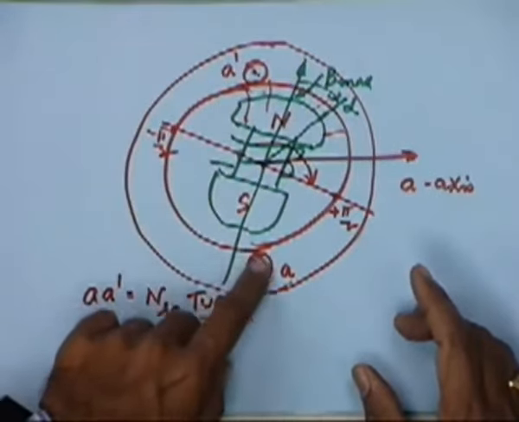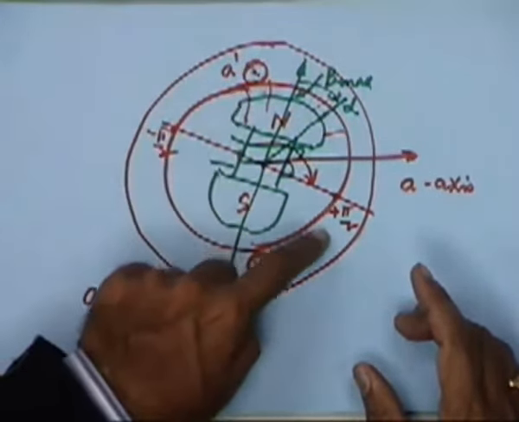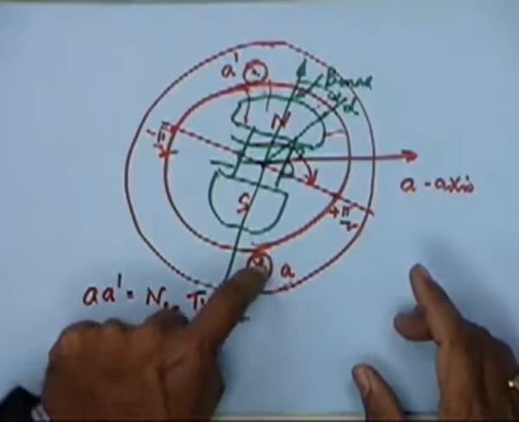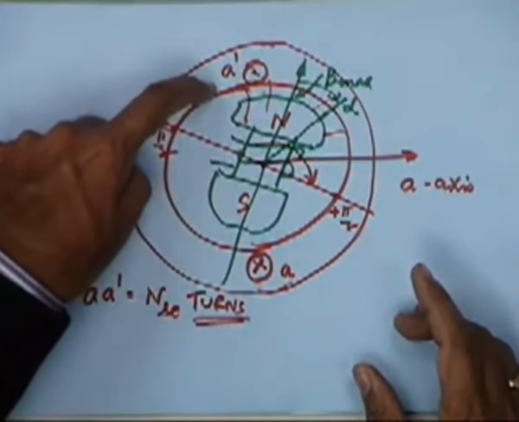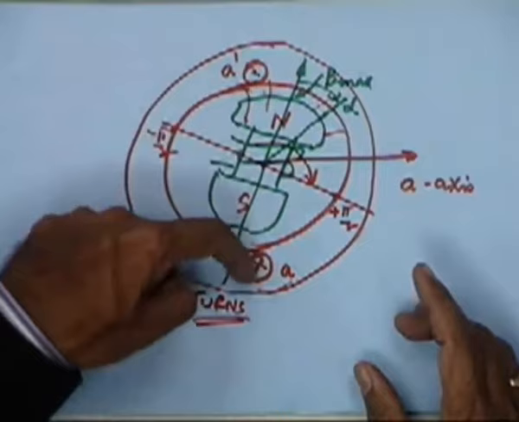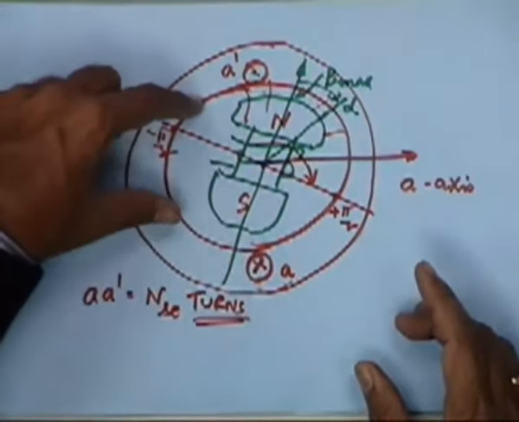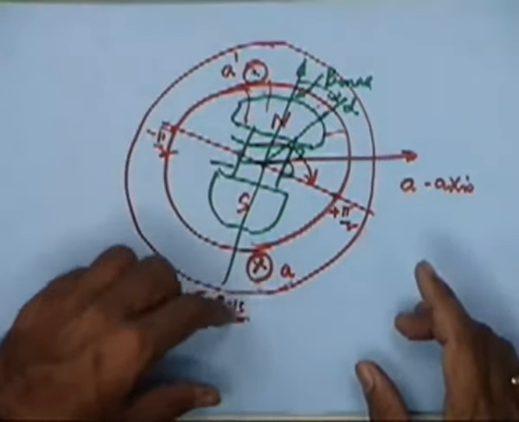But it need not be 180 degrees. Suppose A is here, its other side may be somewhere here. That means it is not spanning 180 degrees; it may be spanning less than 180 degrees. So let us look at what will happen in such a situation.